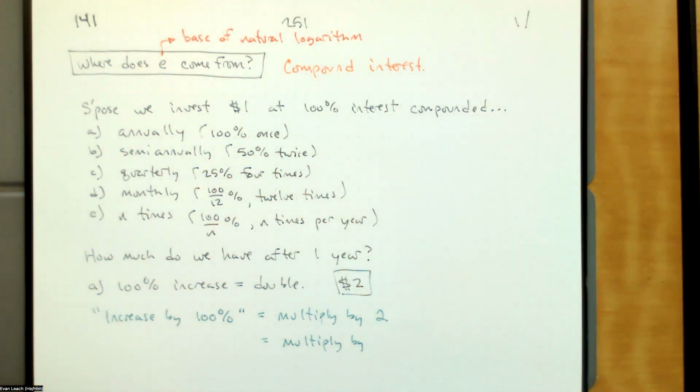So there are a few parts. There's the 100% that we start with, that we get to keep. And then there's the extra that we get.